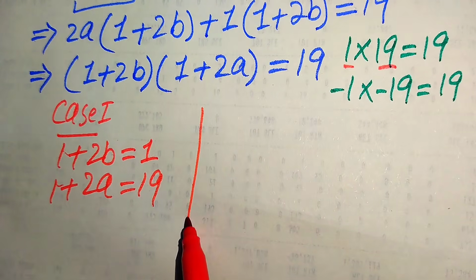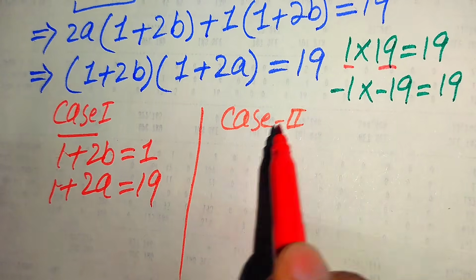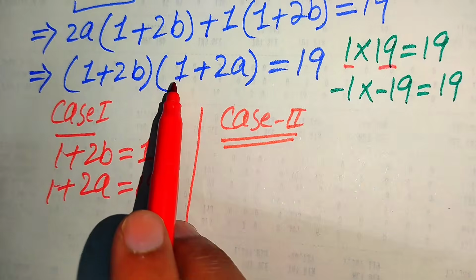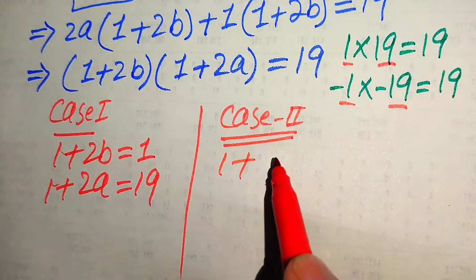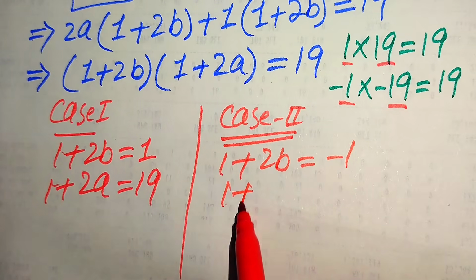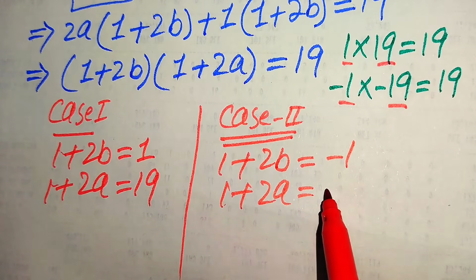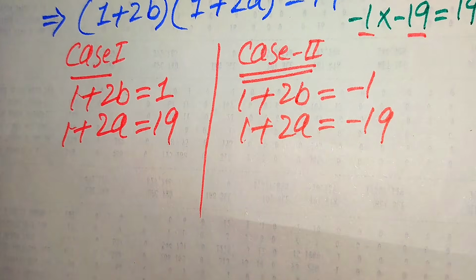So this is our first case, and in the second case we compare these two factors with these two numbers, and it will be written as 1 plus 2b is equals to minus 1 and 1 plus 2a is also equals to minus 19. So here we need to solve both of these two cases and we easily get the values of a and b.